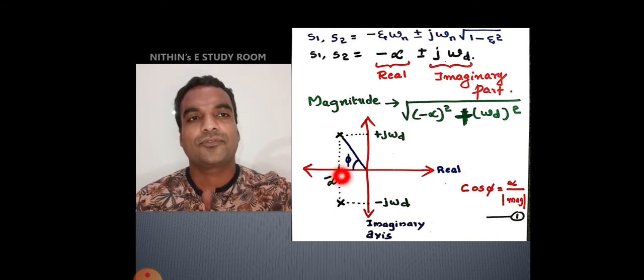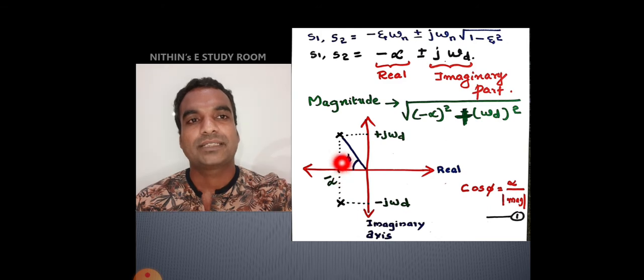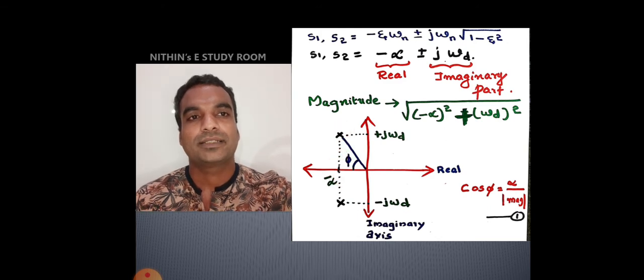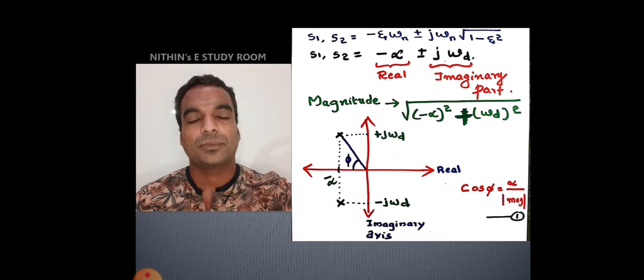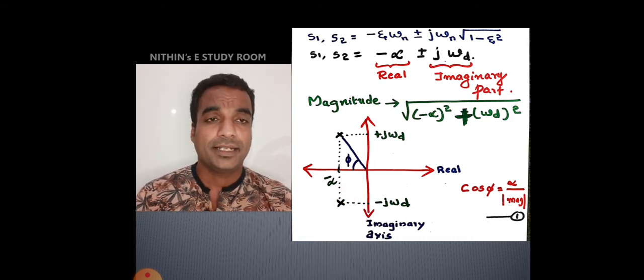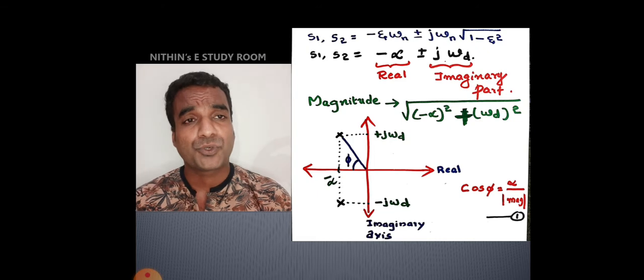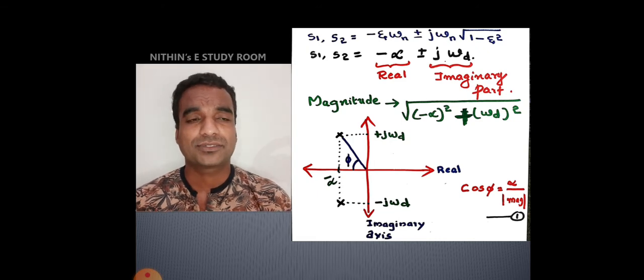The imaginary part for the first pole is plus j omega d, minus alpha plus j omega d. This is the first pole, S1. And for the second pole, the real part is minus alpha, the imaginary part is minus j omega d. So S1 and S2 are marked, and these two poles are complex conjugates.